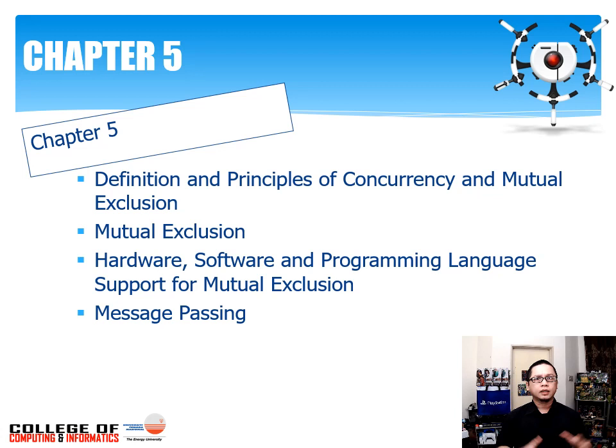So now we look at the actual definition of concurrency, followed by the concept of mutual exclusion, which basically enables the OS to manage these processes and for the processes to work together in order to share those multiple resources. So for today, we are going to look at the concept of concurrency, followed by the concept of mutual exclusion, and how mutual exclusion is actually done inside your system.